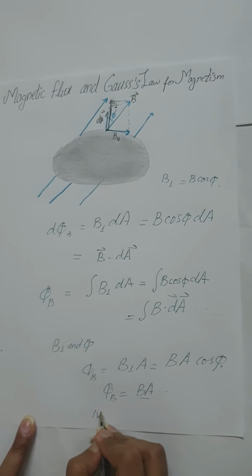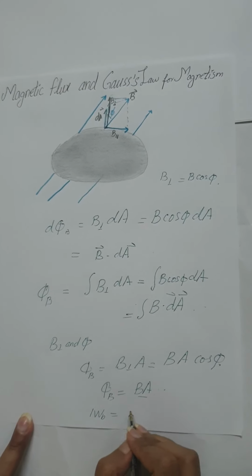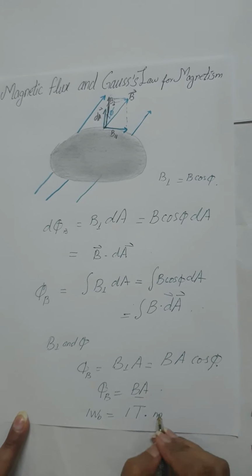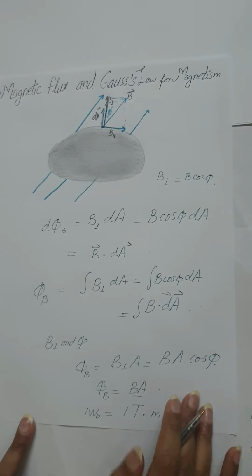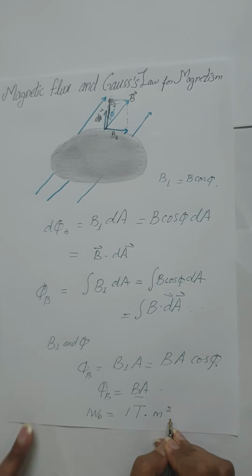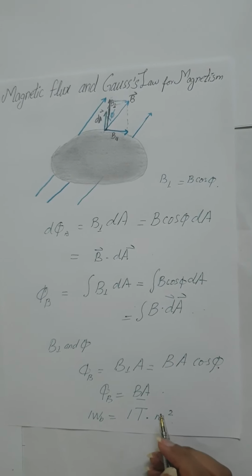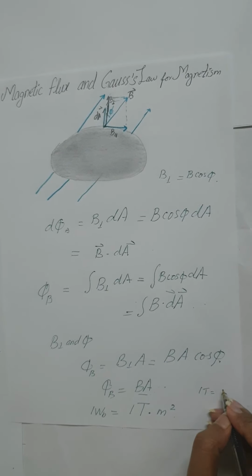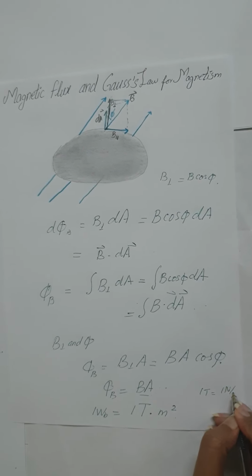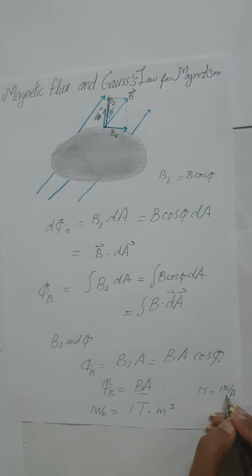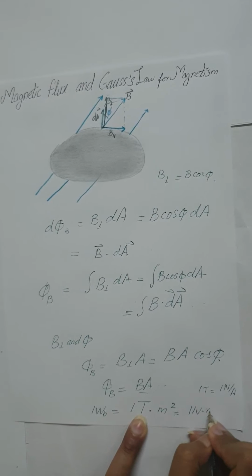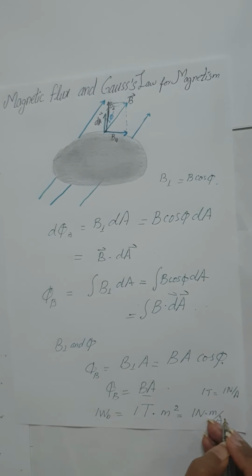So 1 Weber is equal to 1 Tesla times meter squared, and we know 1 Tesla is equal to 1 Newton per ampere meter, so we can convert this into 1 Newton meter per ampere.